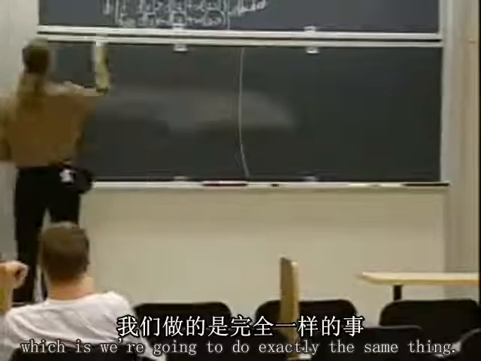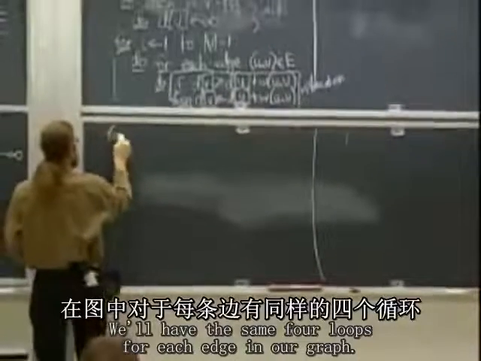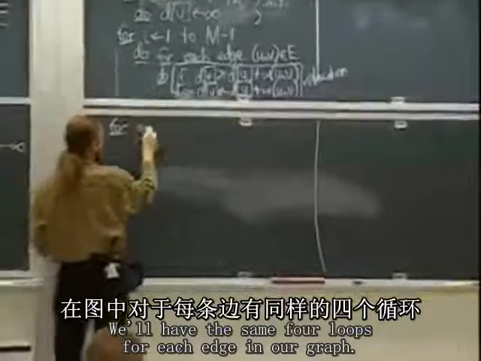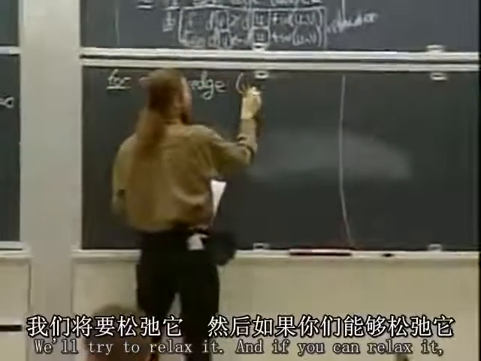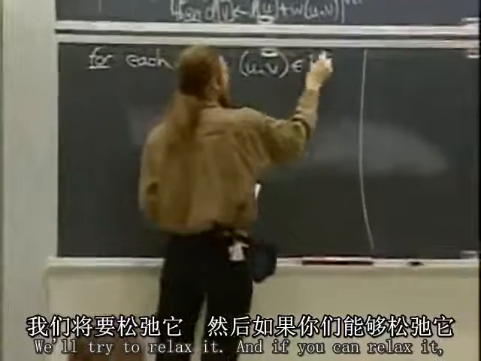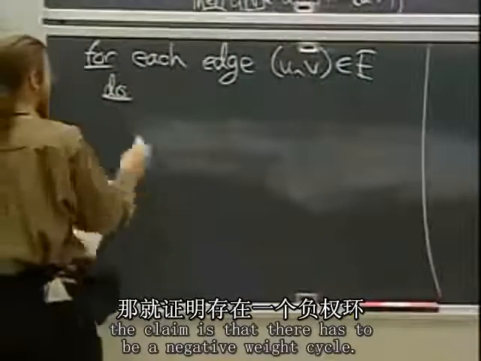We're going to do exactly the same thing. So this is outside the for loop here. We'll have the same for loop for each edge in our graph. We'll try to relax it. And if you can relax it, the claim is there has to be a negative weight cycle.